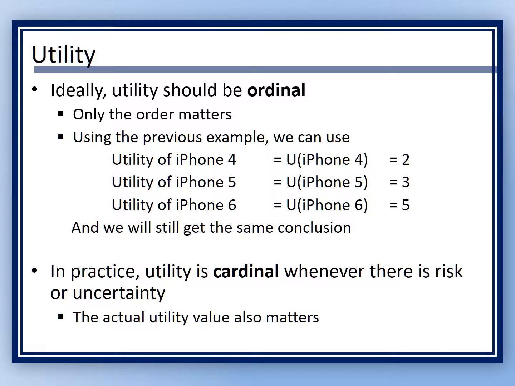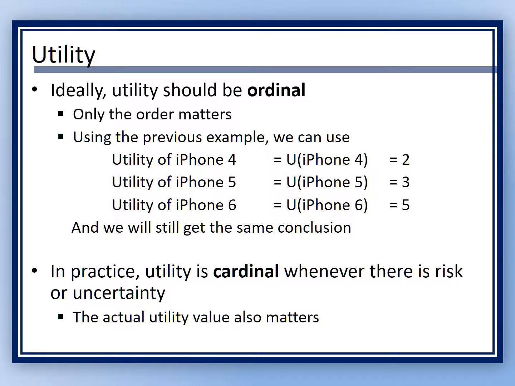So in economics, whenever you see something like this, iPhone 5 has a utility of 3, iPhone 4 has a utility of 2, what ends up happening is that not only is iPhone 5 better than iPhone 4, iPhone 5 is actually 50% better than iPhone 4. 3 is 50% higher than 2, right?